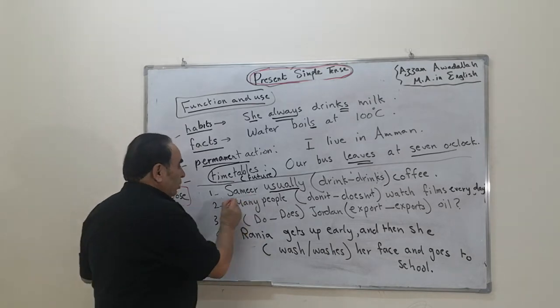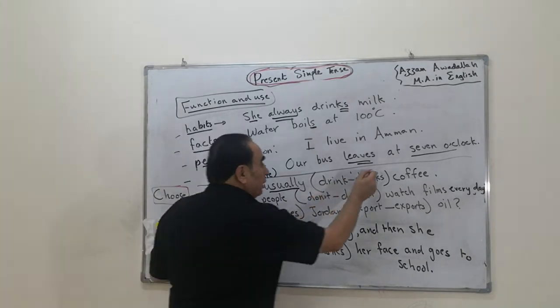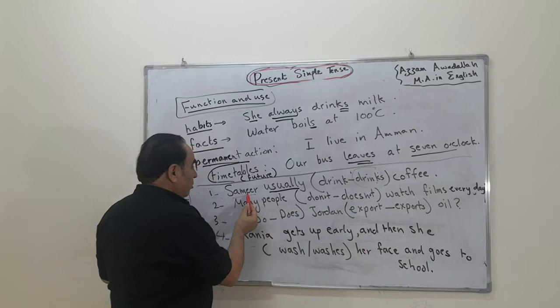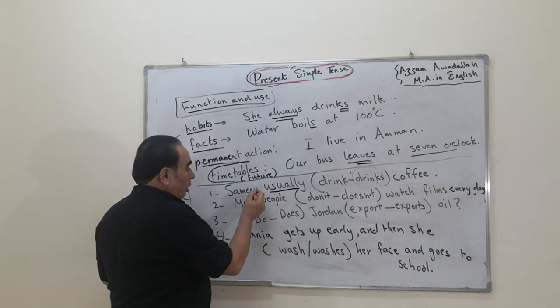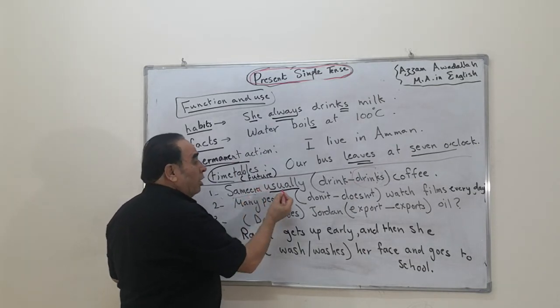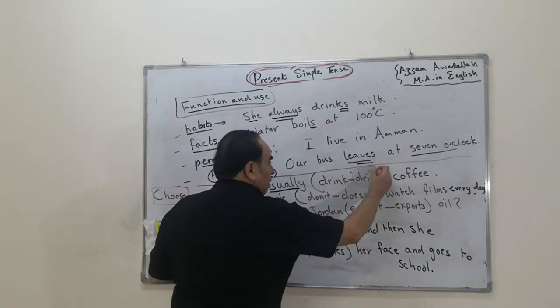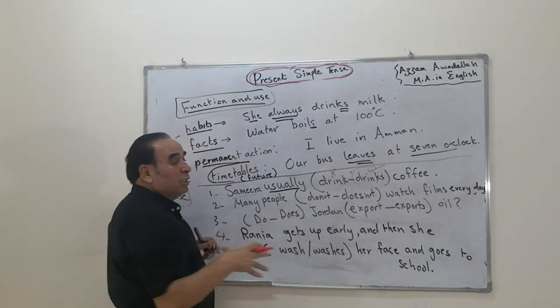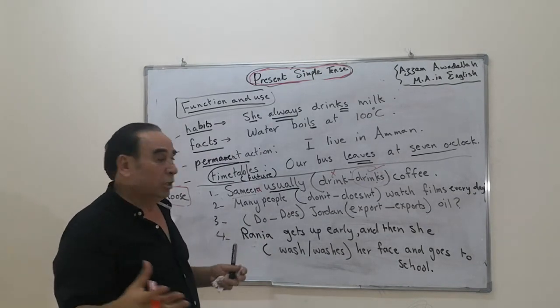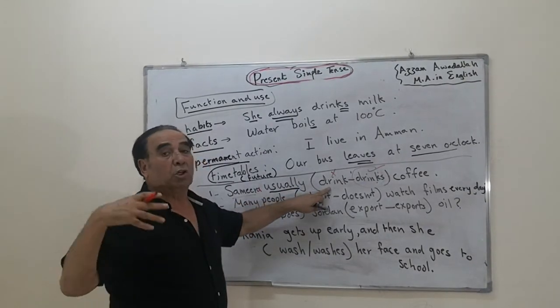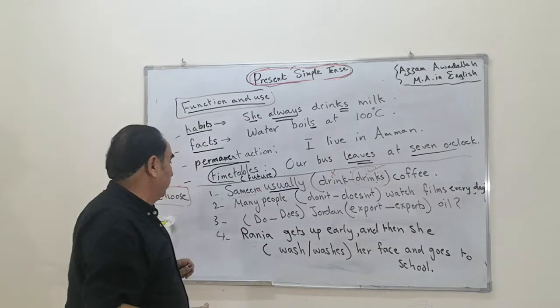We have a singular subject, so we choose drinks. Samira usually drinks coffee. This is right. This is wrong because drink refers to plural. They drink, I drink, you drink, but drinks with singular.